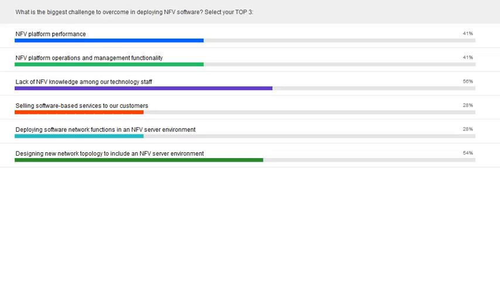And Adam commented about designing new network topology. Carriers around the world have the same problem. It's all brand new. So choosing a good partner to work with is a good start, but basically everybody's in learning mode. You have to learn. It's a barrier, but it's one that everybody has to overcome.